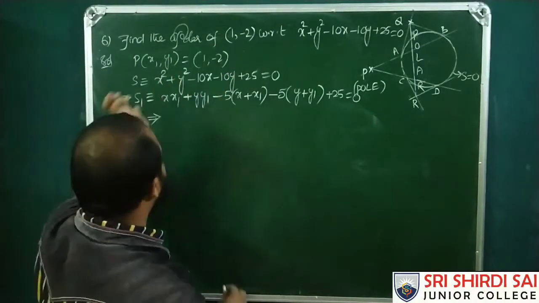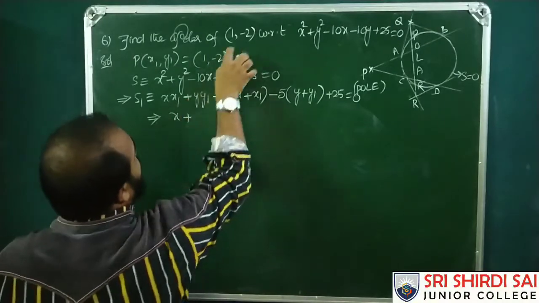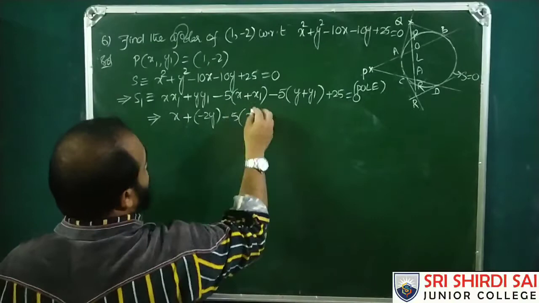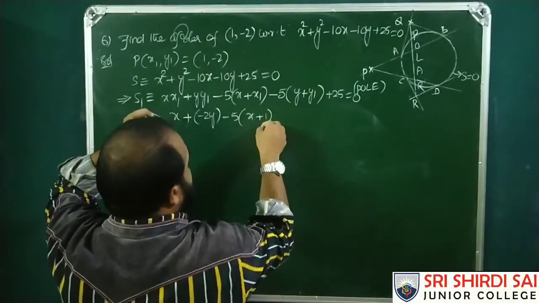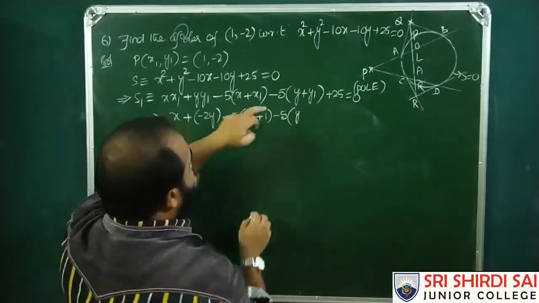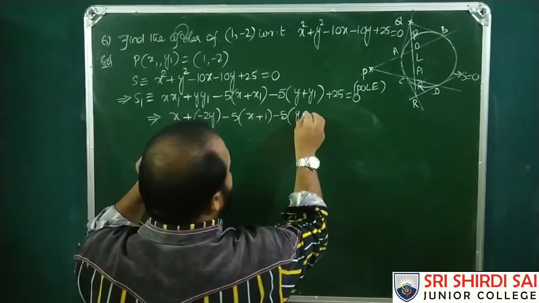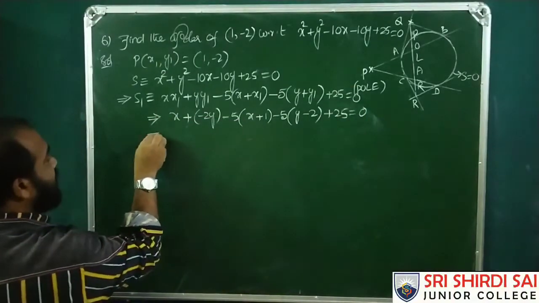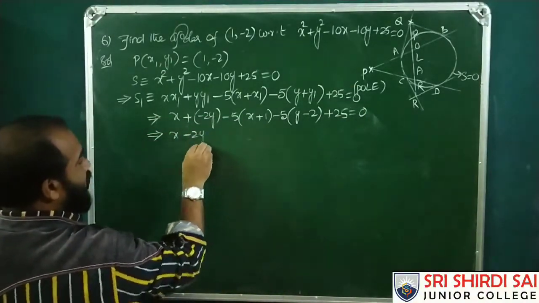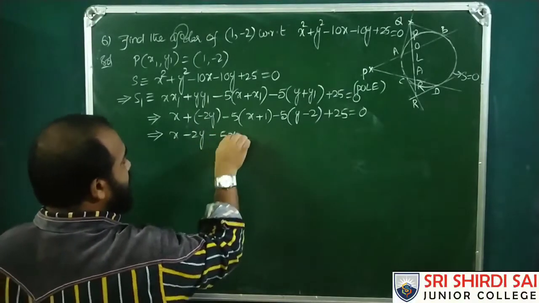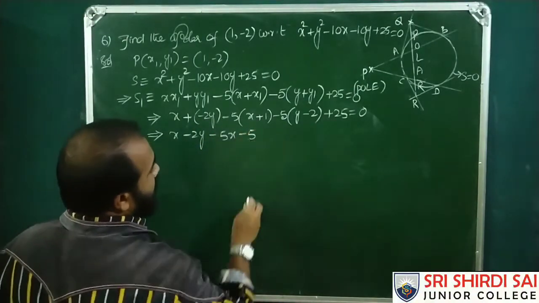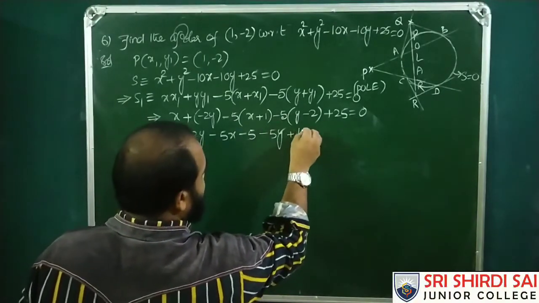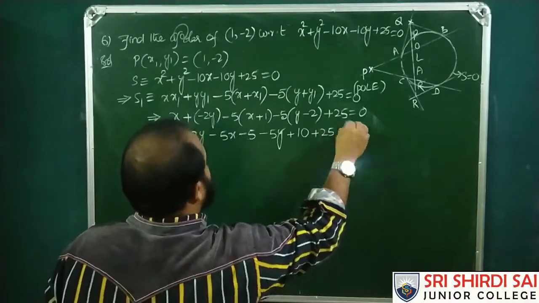So x into 1, x plus y into -2, minus 2y, minus 5 into (x + x1), x plus 1, minus 5 into (y + y1), y plus -2, that is minus 2, plus 25 equals 0. This implies x - 2y - 5x - 5 - 5y + 10 + 25 = 0.